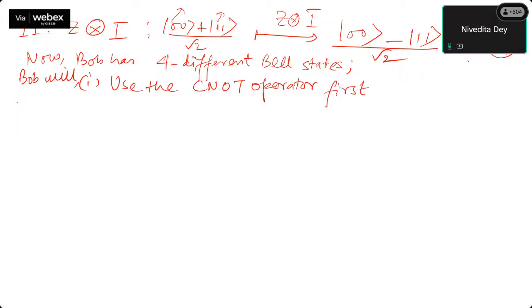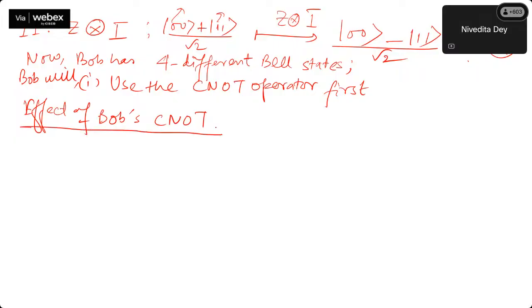We'll analyze that. Say the effect of Bob's CNOT on 00. If Alice wanted to send 00, then Alice actually has sent this particular thing to Bob.